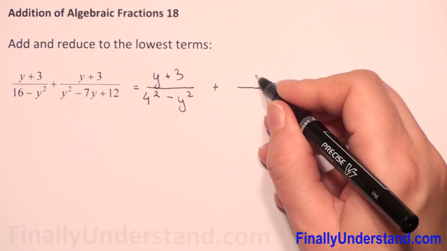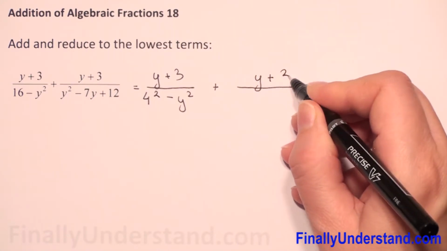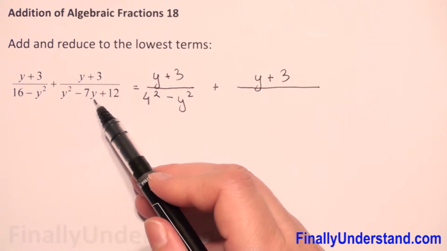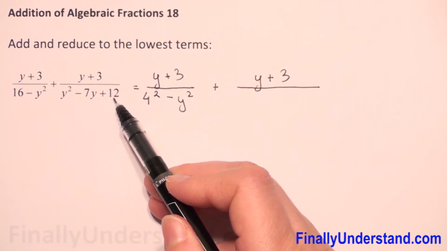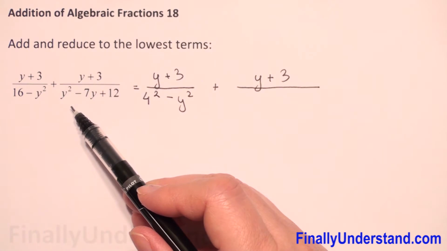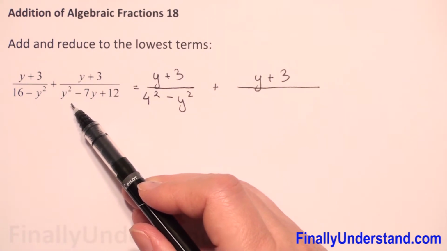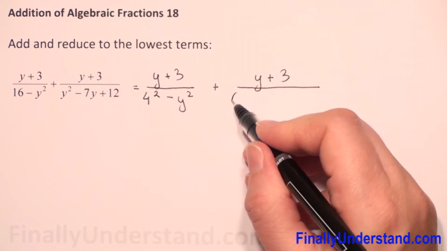the second fraction denominator we have y squared minus 7y plus 12. We have a general quadratic trinomial. We can try to factorize this because we have y squared.